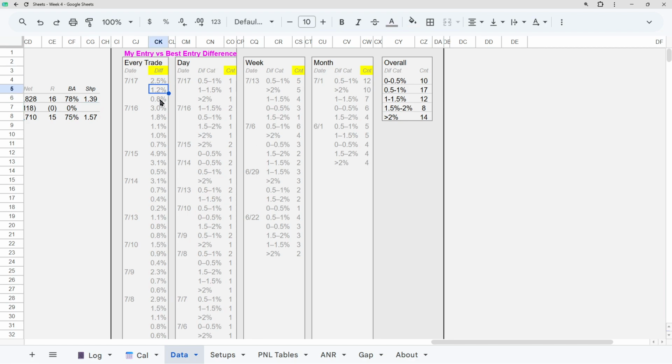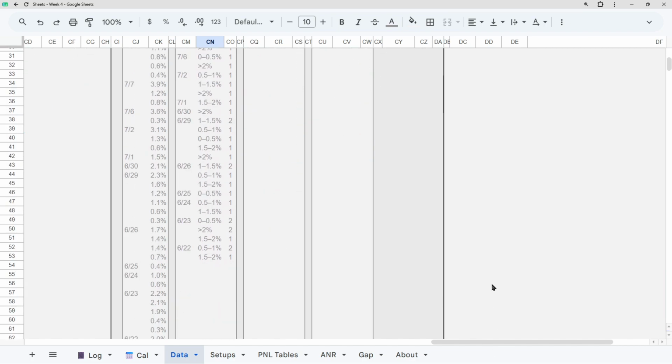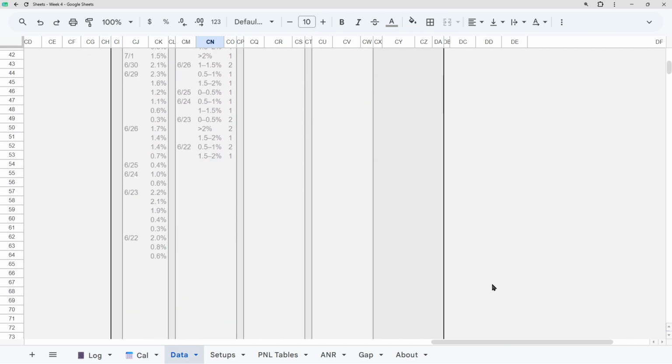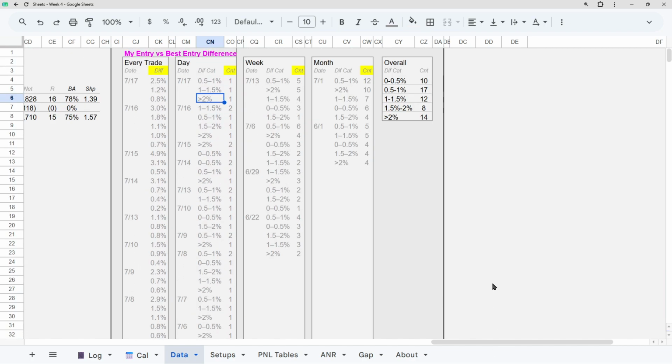But I'm keeping count of how close I was to those, and I'm also categorizing those per day, per week, and per month, so I can see whether I'm doing better or worse over time. I'm going to scroll down a little bit so you can see some more stats, but essentially that is that.